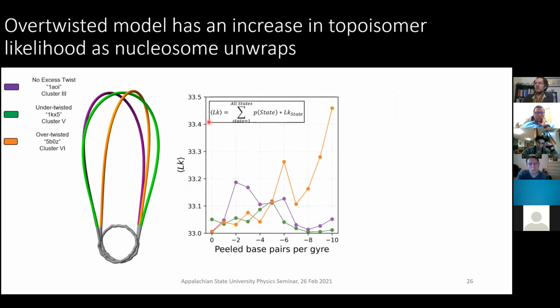see that while the under-twisted or the no excess twist examples maintain a linking number of 33 as expected, what we saw was as that over-twisted state starts to decrease in the number of base pairs that are adhered to the nucleosome, the likelihood that it could exist as more than one topological state increases to about 50-50.